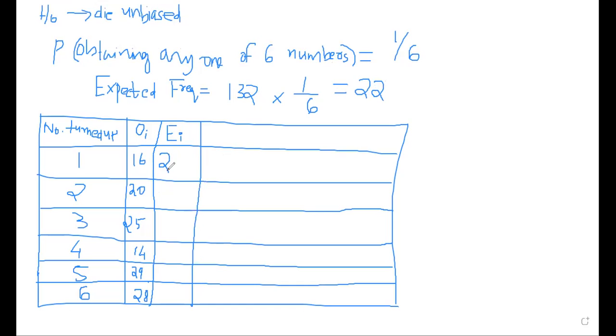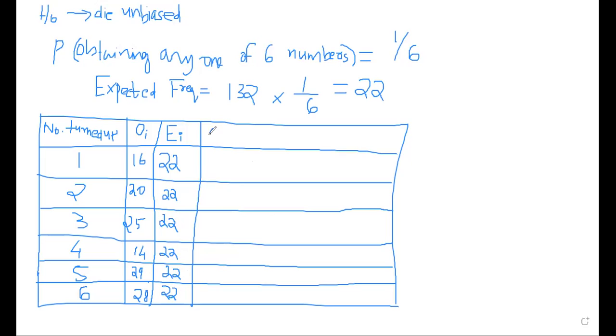So the expected frequency of each of 1, 2, 3, 4, 5 and 6 is 22.